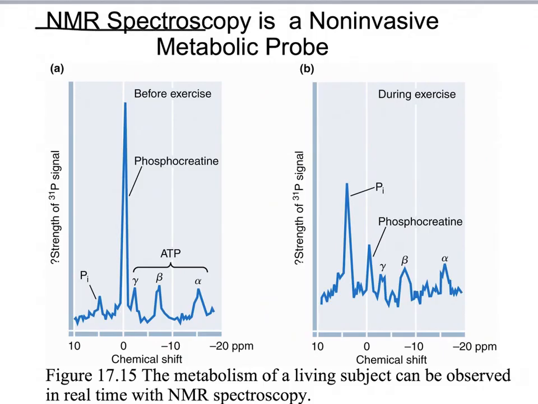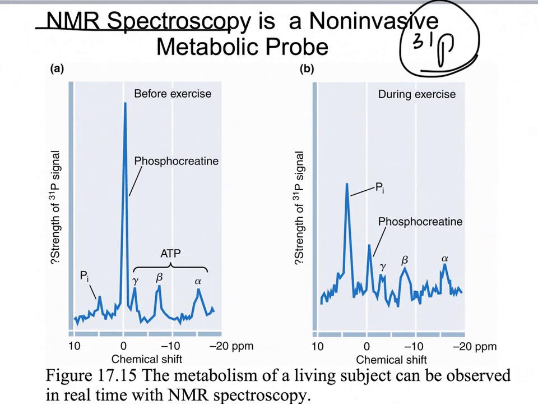NMR, which is a tool that you encountered in organic, can be used. It's non-invasive, and a lot of NMR is based upon tracing P31, which is a naturally occurring isotope of phosphorus.